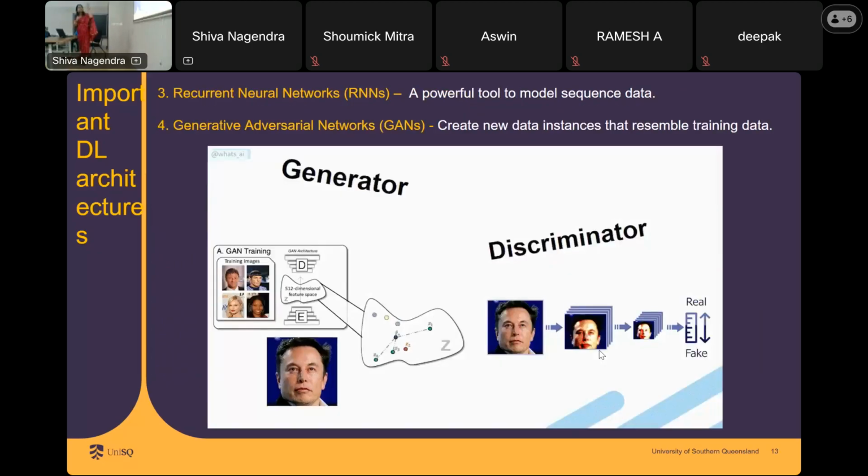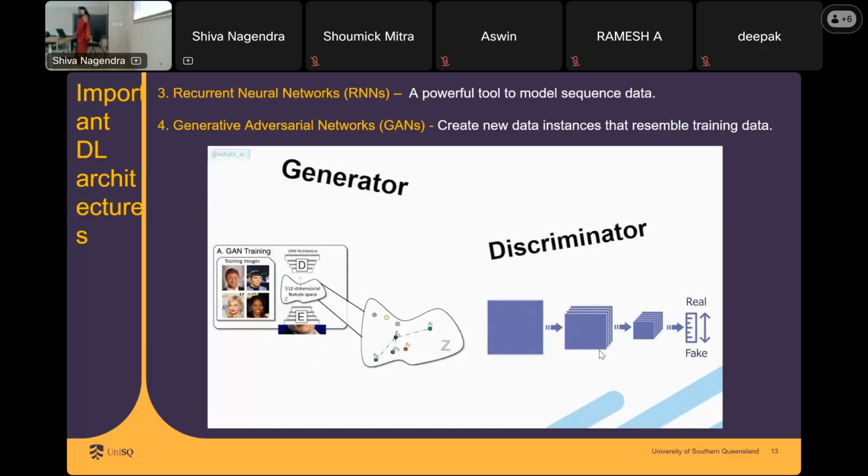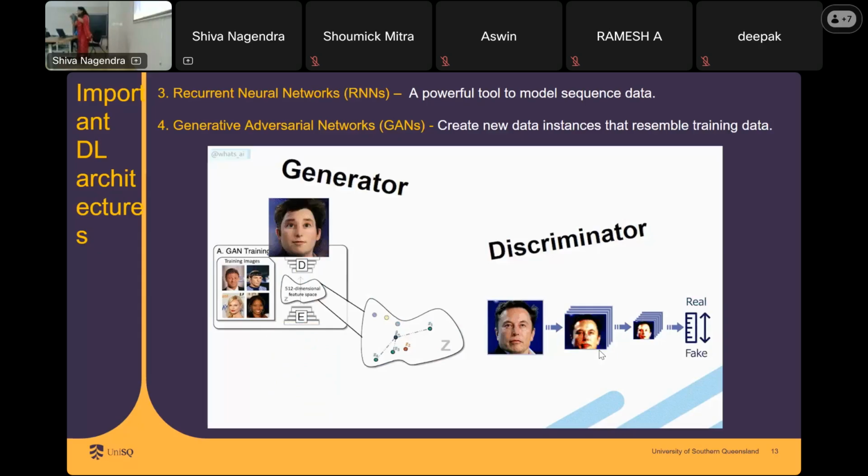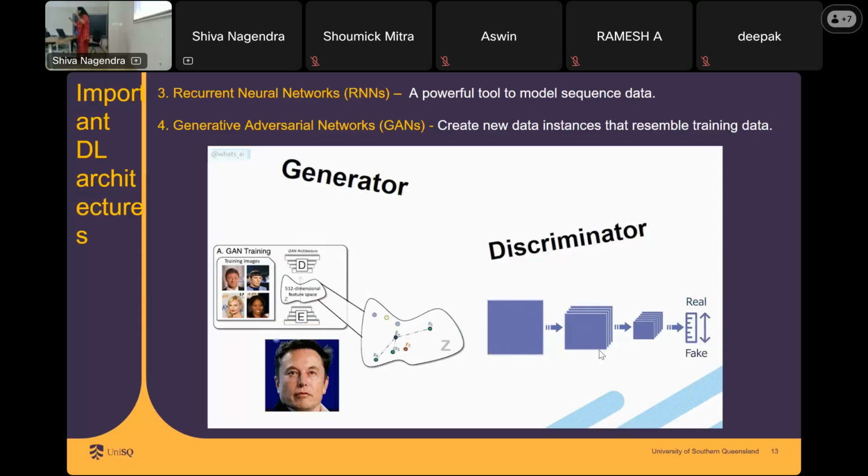Recurrent neural networks, as I told you, are a whole family of which LSTM is a part. Then we have GANs. If you are studying air quality problems, GANs are very commonly used in the published literature. It's a class where we are feeding in the data. You might have seen a lot of viral clips of fake news.